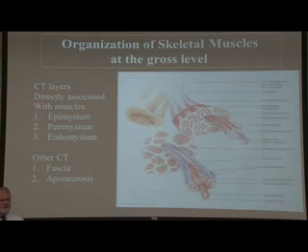So when we're looking at skeletal muscle, skeletal muscle is kept in place by associations of connective tissue. And so we use different words to describe different types of associations of connective tissue. Right?